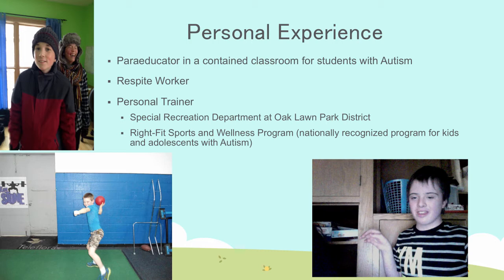So as a paraeducator, because of my knowledge in PE, I was typically the person who implemented physical therapy for students when the physical therapist was not there, and I was also the one usually who assisted students in adaptive physical education.